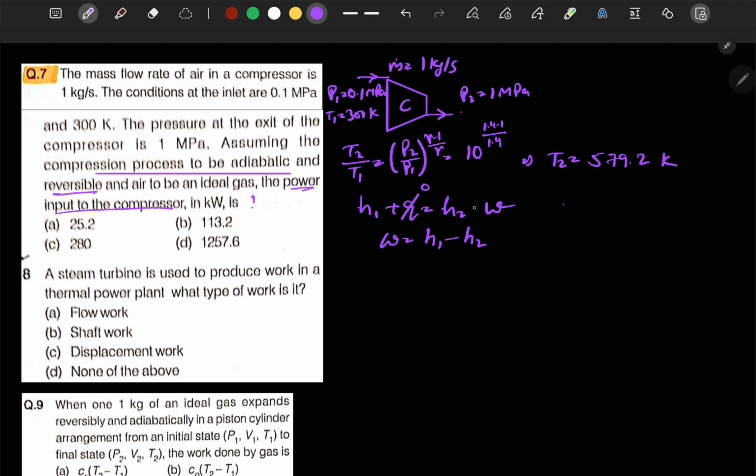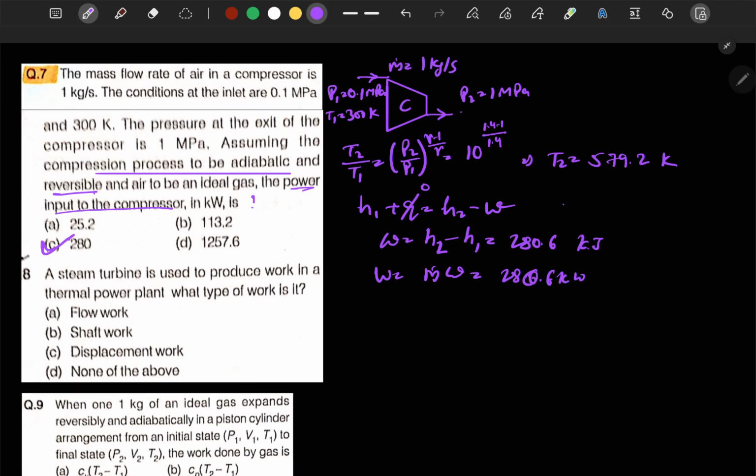This value will be negative because compressor work is always negative, but to obtain the positive value we take H2 minus H1. We obtain W is equal to 280.6 kilojoule, so option C is correct. Sorry, kilojoule per kg, and to obtain power we multiply with the mass flow rate, and we get 280.6 kilowatt.